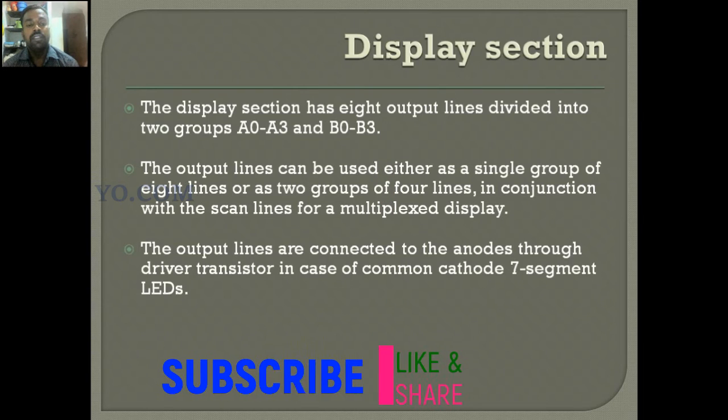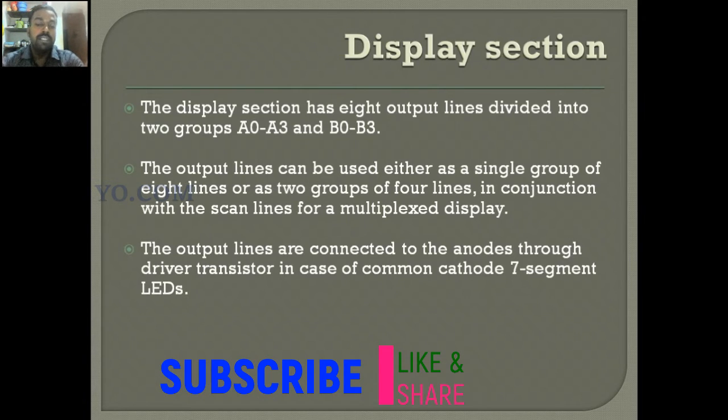The output lines can be used either as a single group of 8 lines or two groups of 4 lines in conjunction with the scan lines for multiplexed display. So the output lines are sometimes used as 8-bit lines, sometimes as two 4-bit lines.